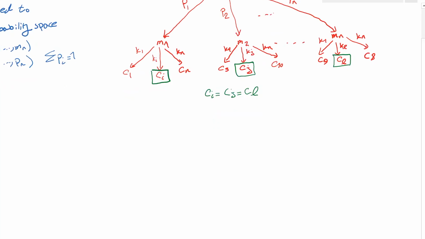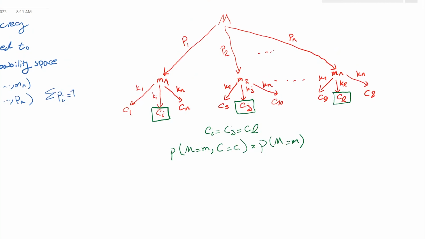That provides the mapping. So now, if we look at the formula, the probability of M to be this particular M and C to be this ciphertext is equal to the probability of the message itself, that we chose this message M. So what does this formula say?